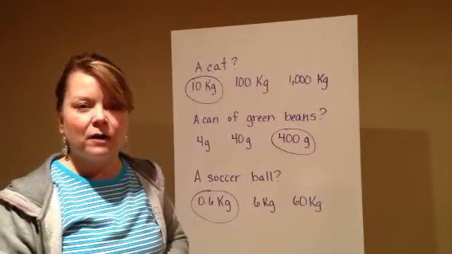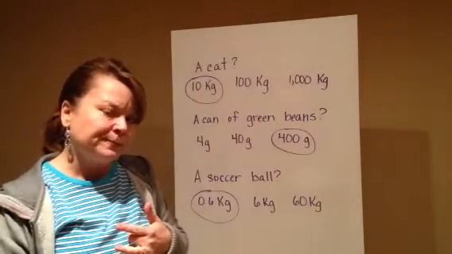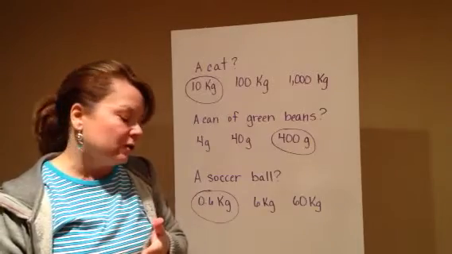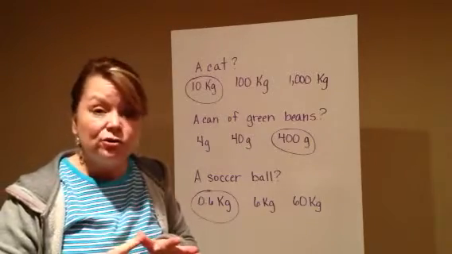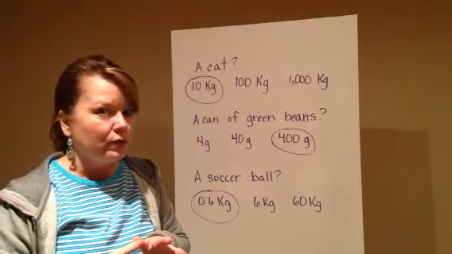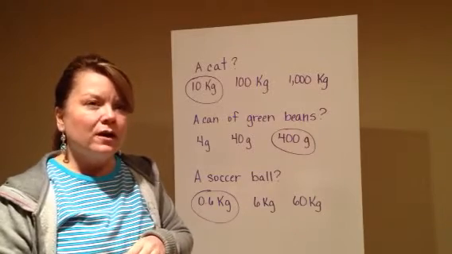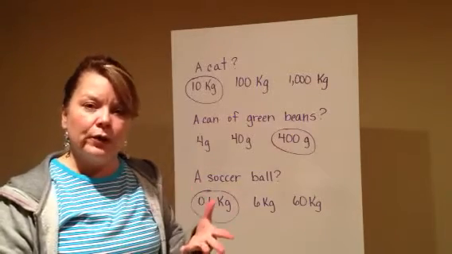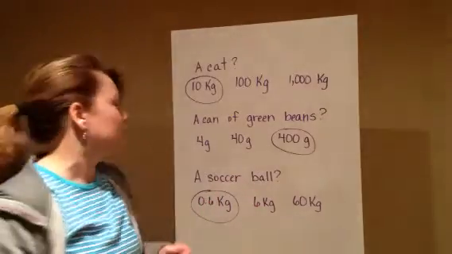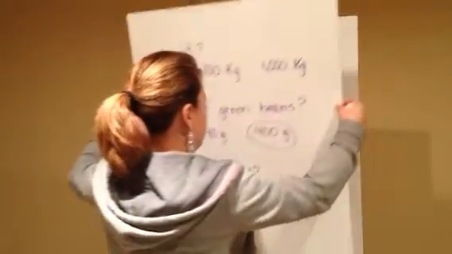So I want you to think about objects in our classroom that would be 1 gram, 10 grams, 20 grams, even 100 grams, okay? We did one of these tests, I believe, with an apple in our balance for science one day. So think about what objects you could pick up around the room that would fall into those categories, which kind of leads me to what I'd like to talk about next.